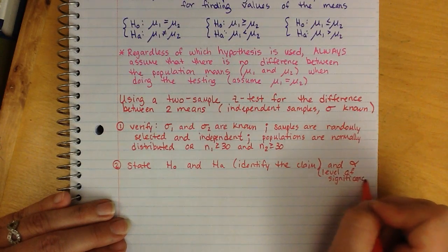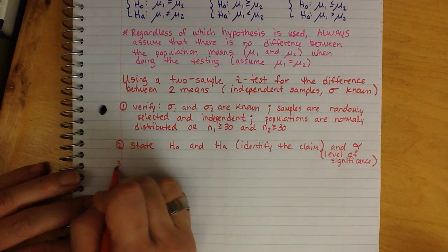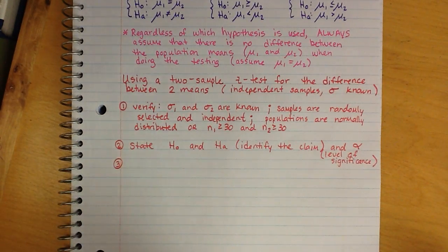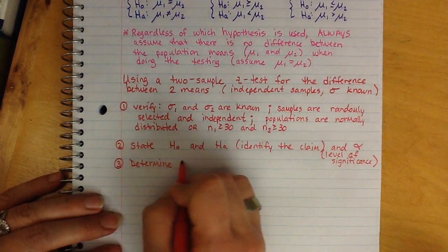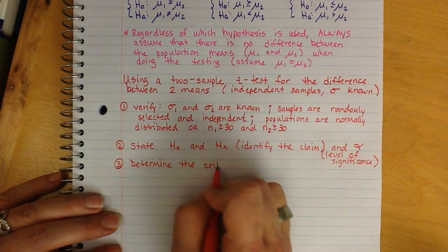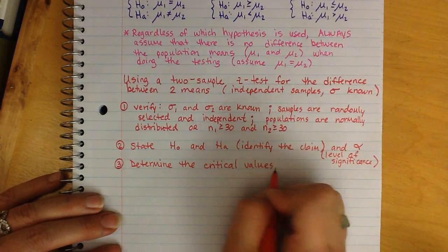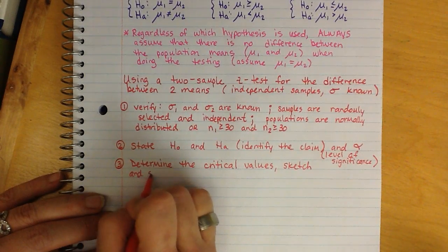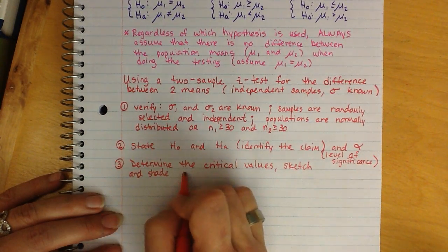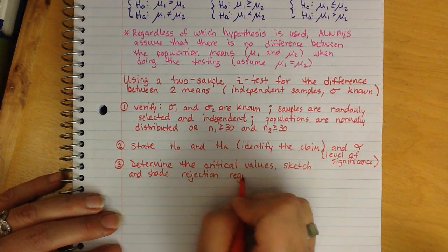Just like we have in the past. Step 3. Determine the critical values, just like we did in previous chapters. So determine the critical values, and then we're going to sketch and shade the rejection region, or regions if it's a two-tailed test.